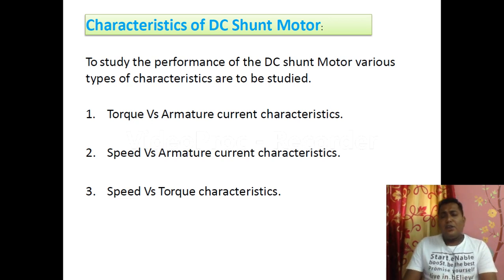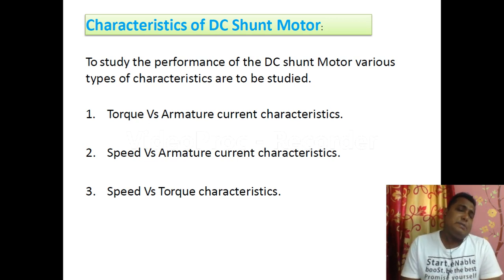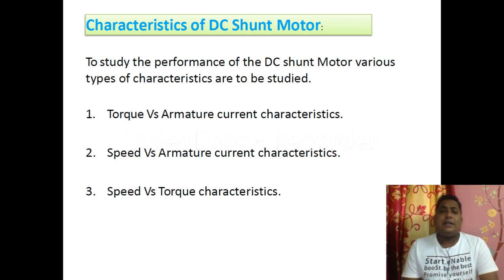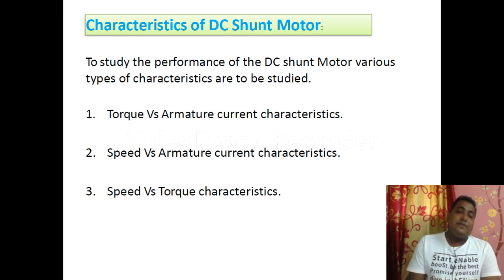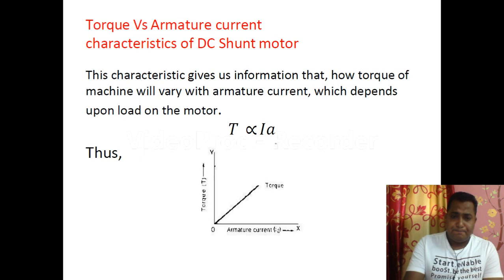For each motor, whether DC shunt, DC series, or DC compound, we have to know these three types of characteristics. One by one we are going to see how these characteristics appear. So let us do that.